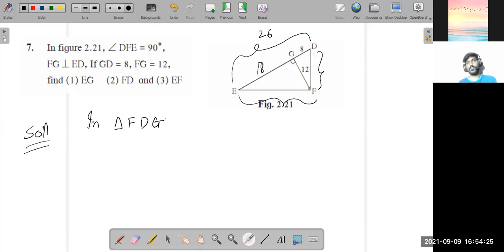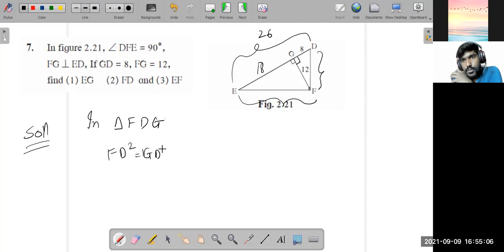DF square equals 80. So DF equals the square root of 80? How did you get 80? By subtracting 12 square in that smaller triangle. In the smaller triangle, FD is the hypotenuse. See, this is 90 degrees here, so FD becomes the hypotenuse.